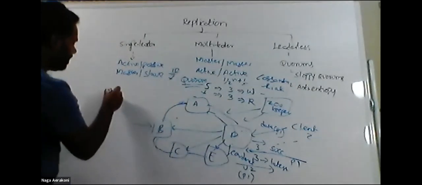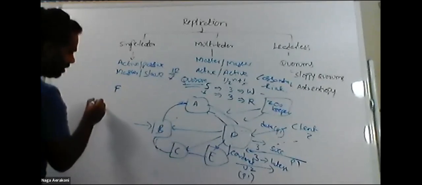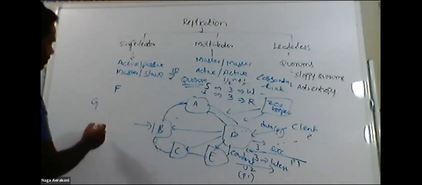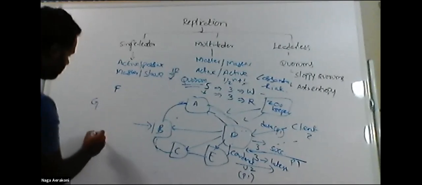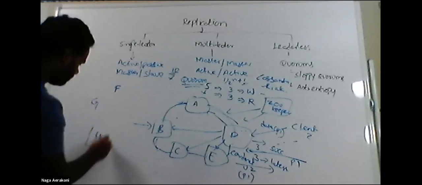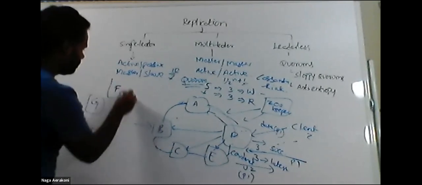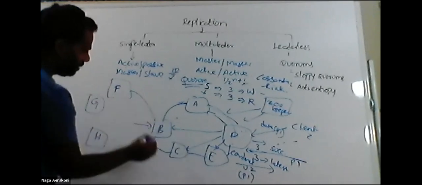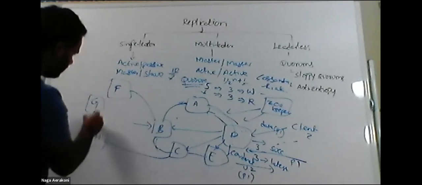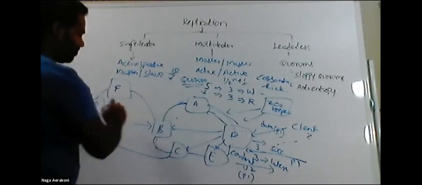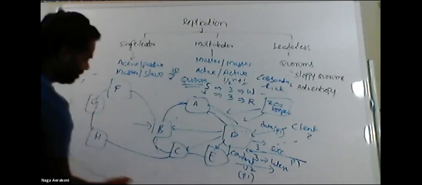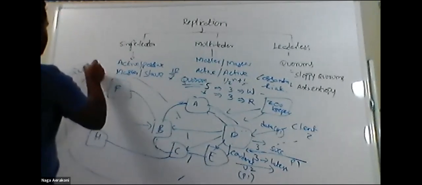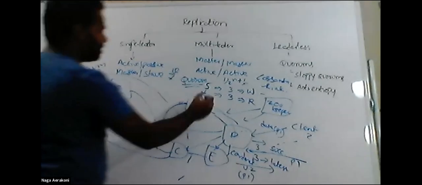Now I'll have F and G, whatever, and at least one other node, H. So I can form a quorum with B and C and G and H. So this is another quorum, quorum 2. This is quorum 1.